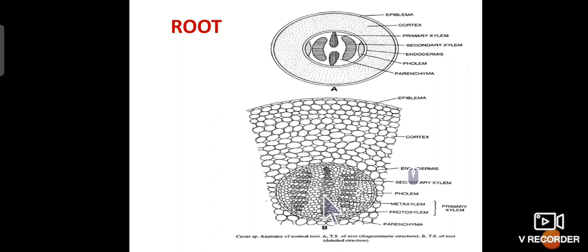The older parts of the roots show the presence of bast fibers in phloem.